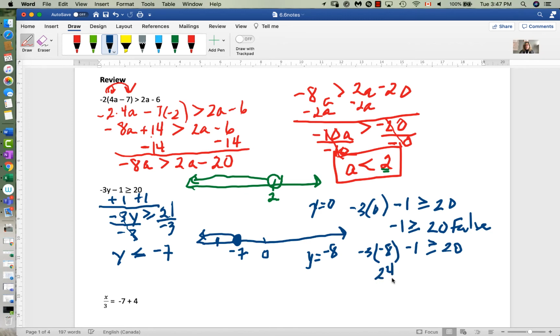Because a minus and a minus is positive. 24 minus 1 is 23, and 23 is greater than or equal to 20, and that's true. So we've tested y equals 0, which is outside of our solution, and y equals negative 8, which is in the set of our solution. We see that this is, in fact, the solution, according to those 2 points.